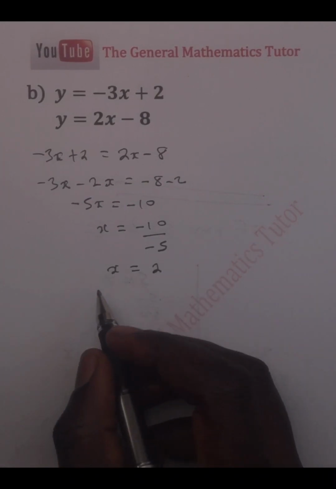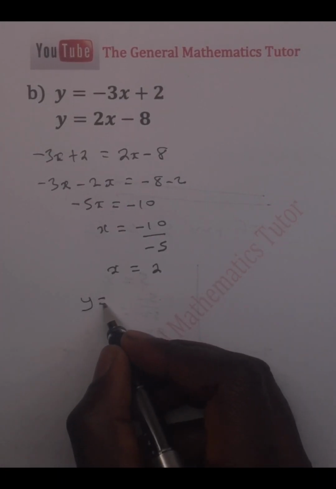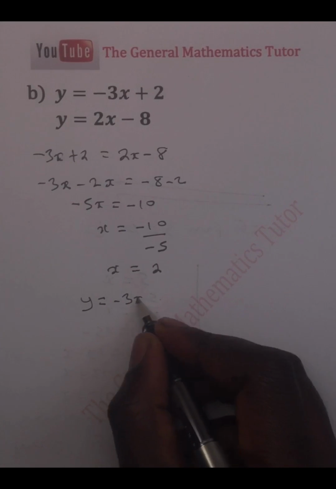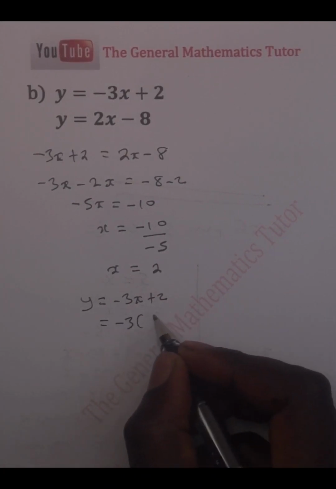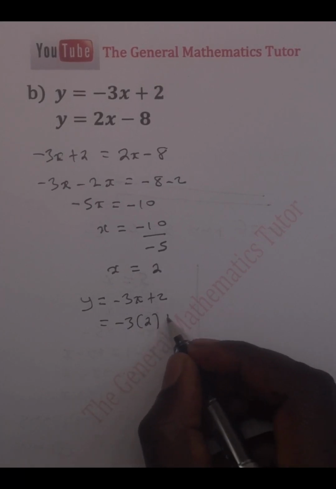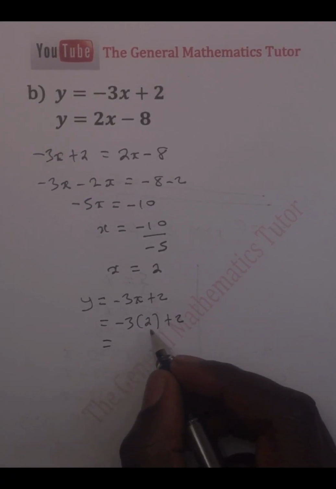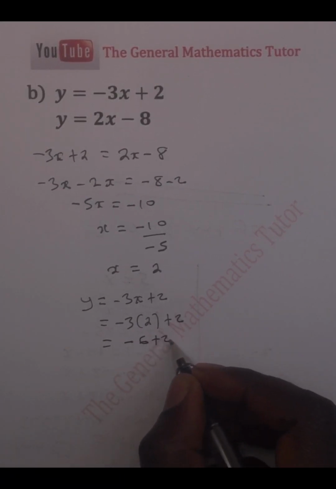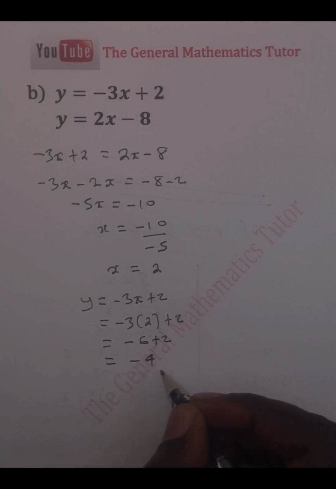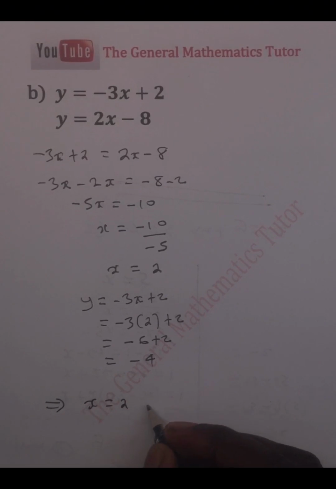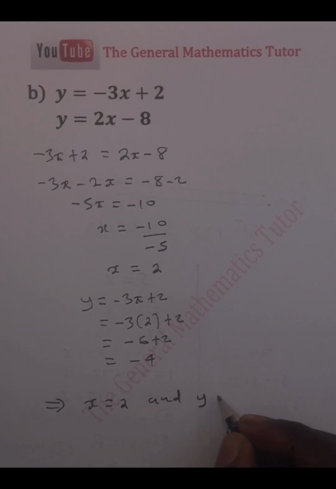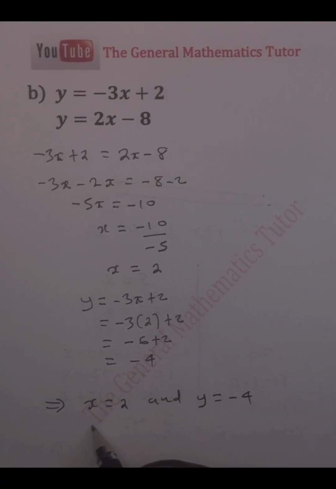So we can even take the first one, so that y is equal to negative 3x plus 2. So we have negative 3 into x, which is 2, plus 2. So this is negative 6 plus 2, which is negative 4. So therefore, we have that x is equal to 2 and y is equal to negative 4.